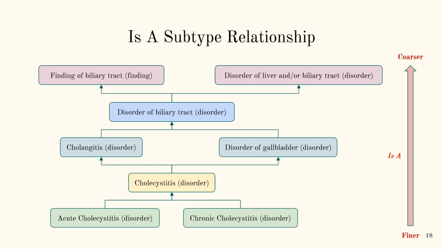Let's say you want to find all records containing concepts or terms, because terms are mapped to concepts, that are a finding of biliary tract. Just through one command it will pick up every single term in the subtype descendant hierarchy.